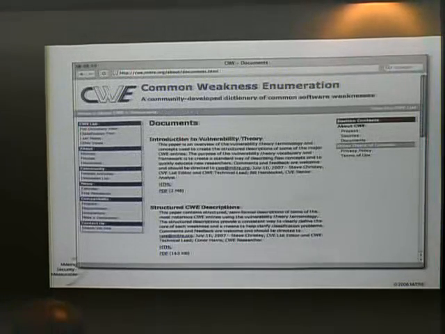One of the side effects of CWE is that we've also had to get into understanding weaknesses and how they interact with attacks and operate. So we basically have a document which we call Introduction to Vulnerability Theory, which tries to lay out the mechanics or mechanical science of these vulnerabilities.